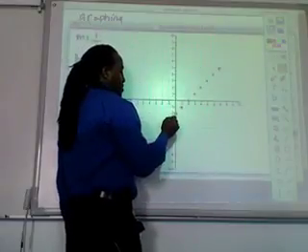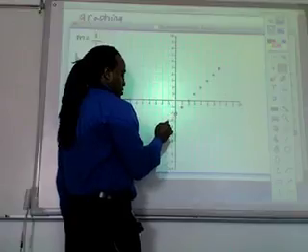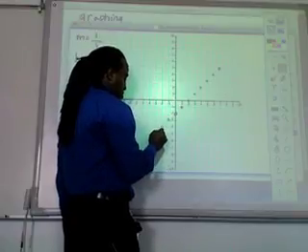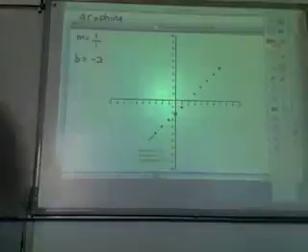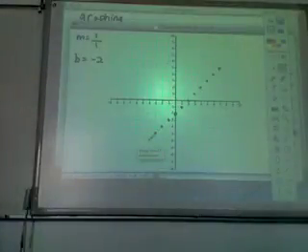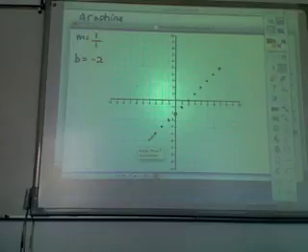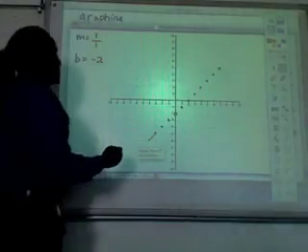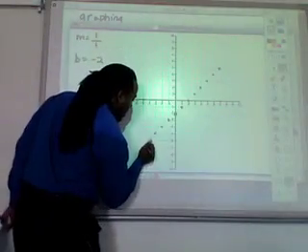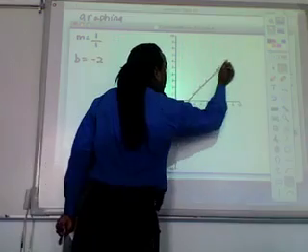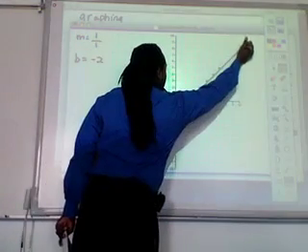Therefore, I'm going to go down. Of course, whether it's dotted or solid doesn't matter at this time, because this is just an equation, not an inequality. So therefore, there is my line.